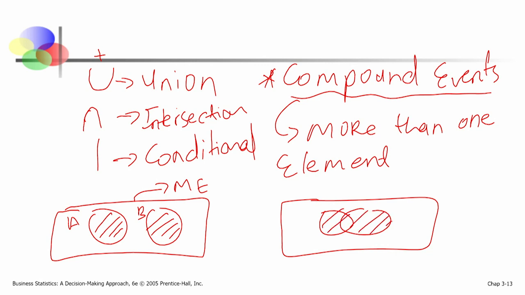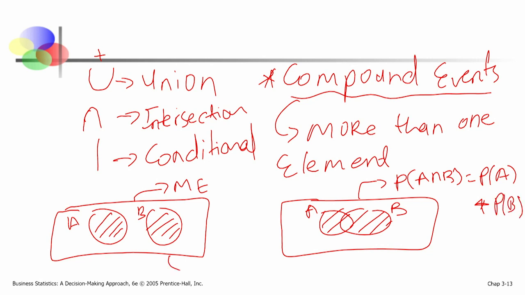If you're dealing with independent events, the probability of their intersection is just the probability of A multiplied by B. For mutually exclusive events, A intersect B is equal to 0, so it's an empty set.